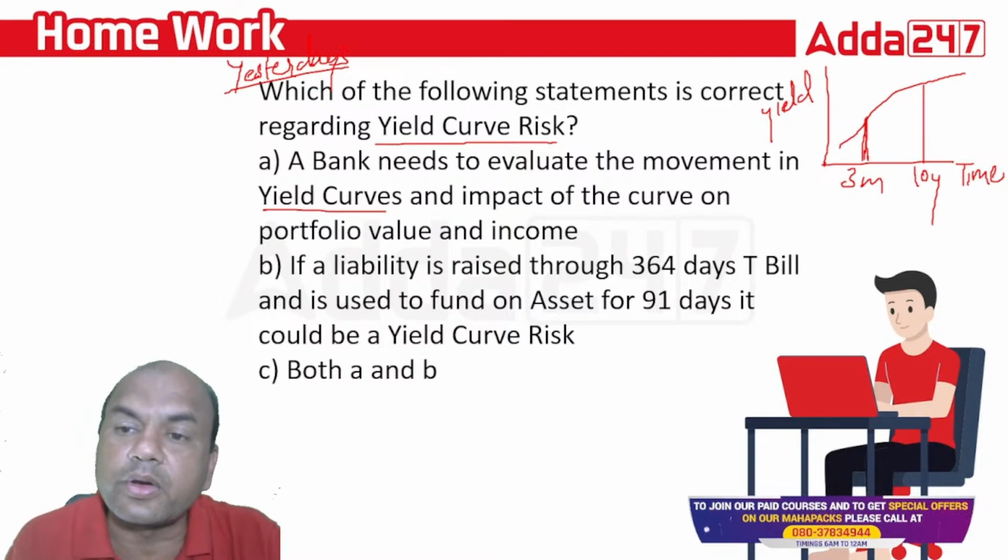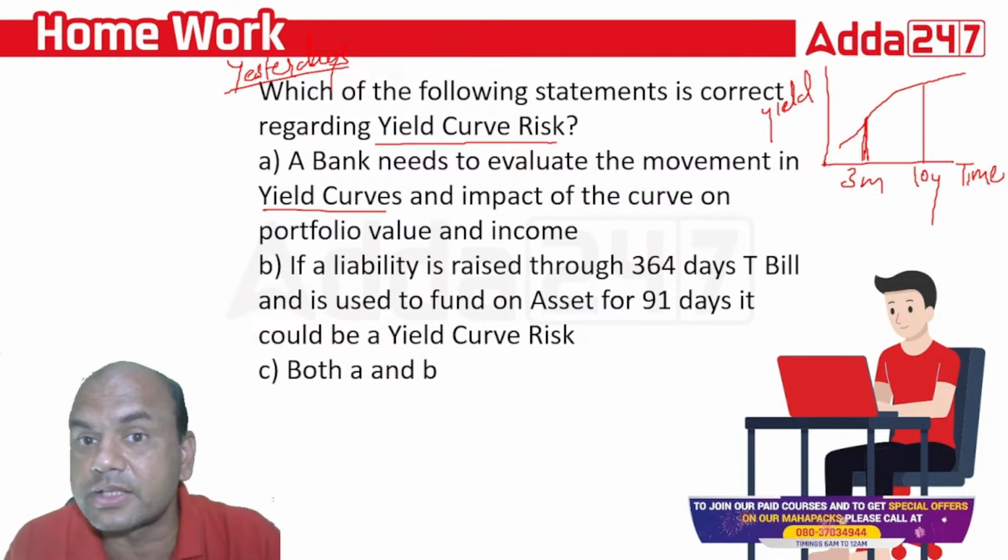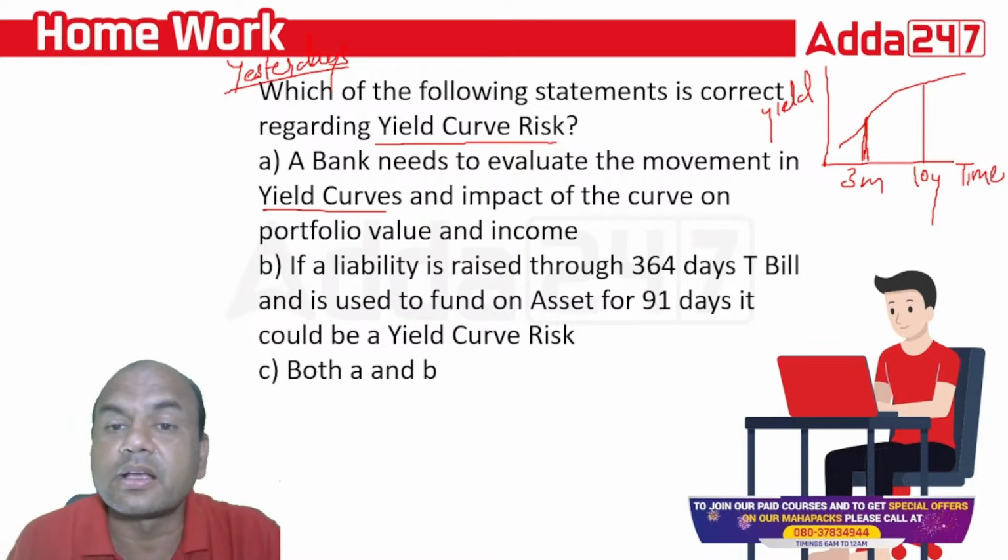If I go on plotting the yields of various bonds from 3 months to 10 years of the same rating, this is very important, then the curve which I get is known as the yield curve.